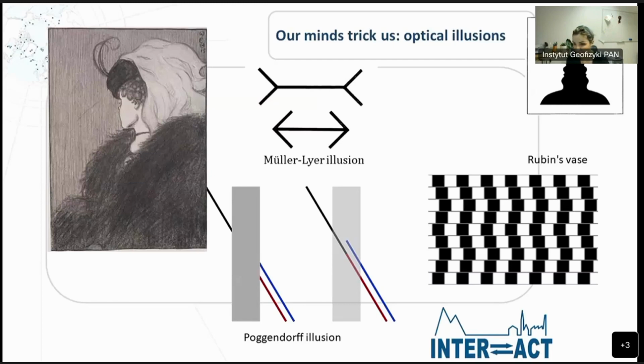The last example here on the right is a sort of pattern that makes us think that those lines are not parallel, but in fact they are parallel, even though it's really hard to believe at first. They seem to be in complete disorder.